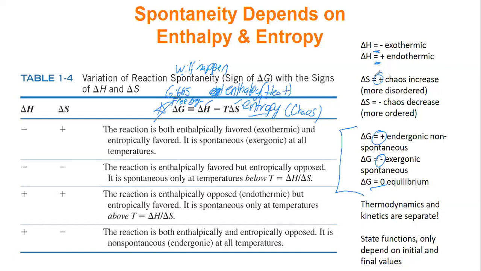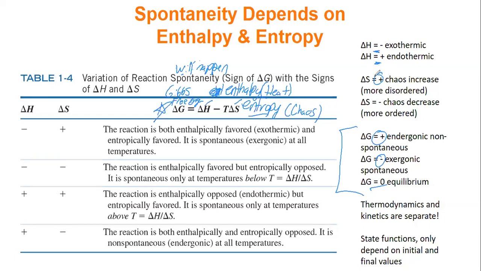S, positive. Chaos increases. Very good. If you were to actually look at the Gibbs free energy equation and understand how these terms are derived, you will see nothing in the universe happens without chaos of the universe increasing.